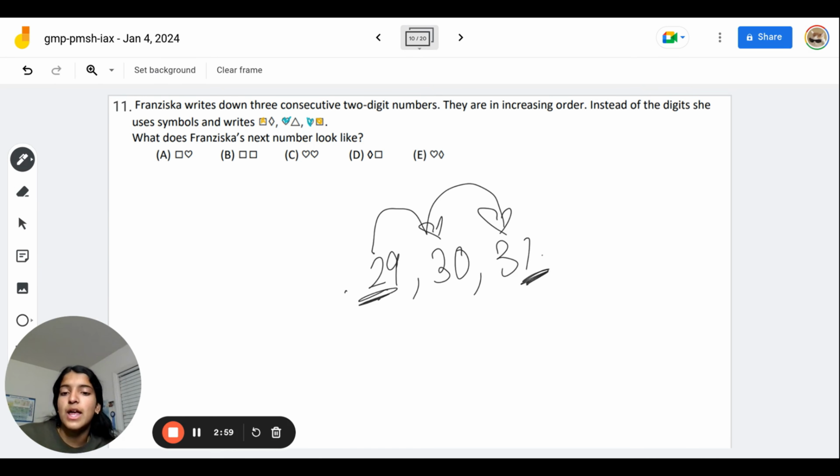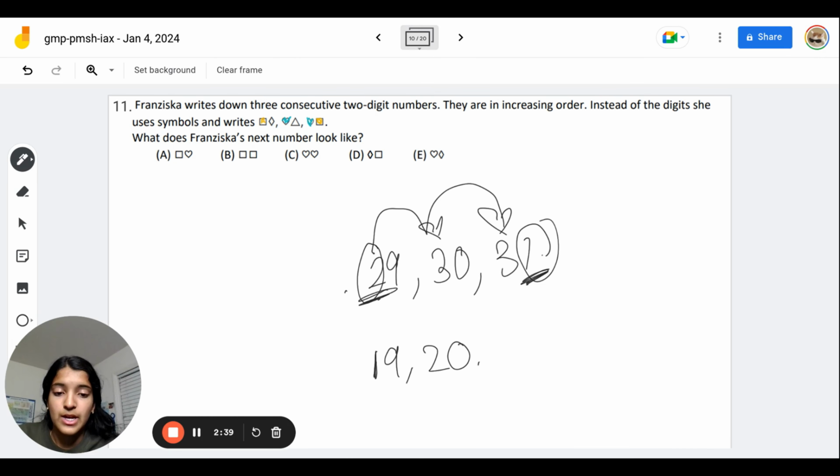So let's try another one. When we're looking at this, we can also figure out that the only value you could get for the square would be 1, right? So that means this should also be 1. Let's start there. We'll do 19, 20, and 21. When we look at these, we can see that the hearts match up and the squares also match up.